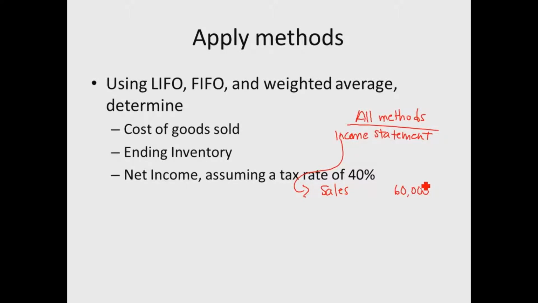Now, should it matter which method, let's say I haven't decided which accounting choice to make yet. People came in, they bought the books. I don't know which books they bought. All books look the same to me, right? Once they're on my shelves, they don't expire. They're all the same edition.